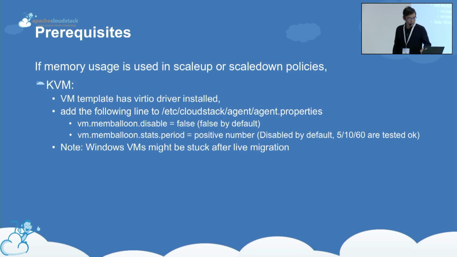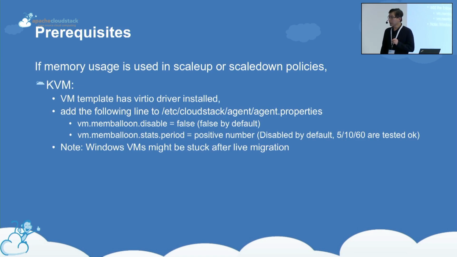The vm.memballoon.stats.period is 0 by default, which means disabled. And we have tested 5 seconds, 10 seconds, and 60 seconds, and all work fine.